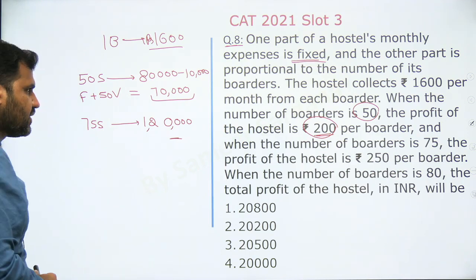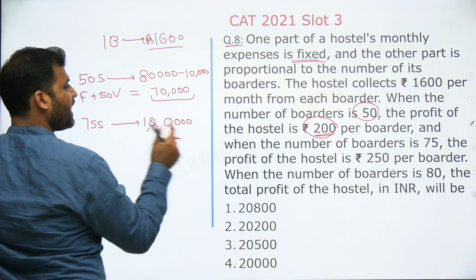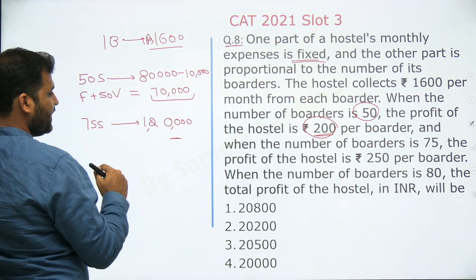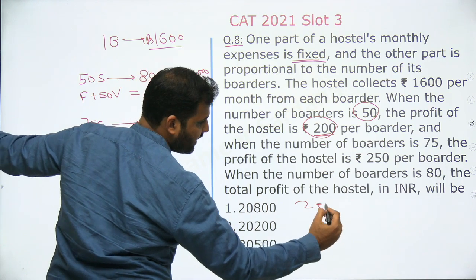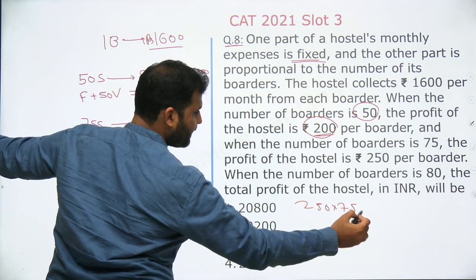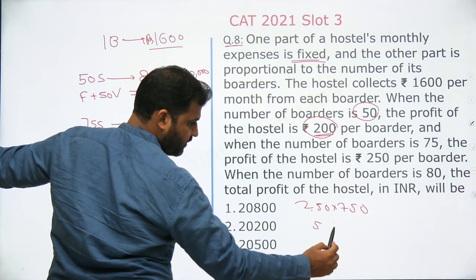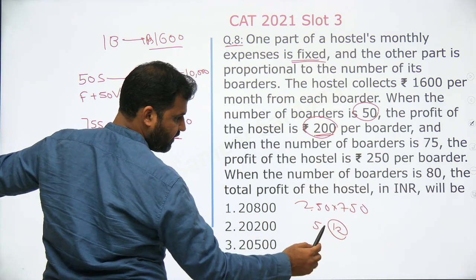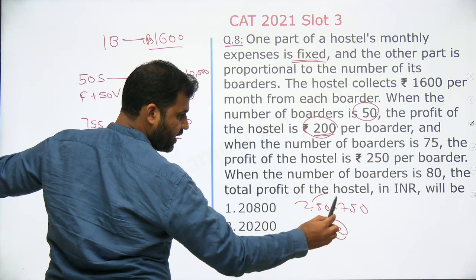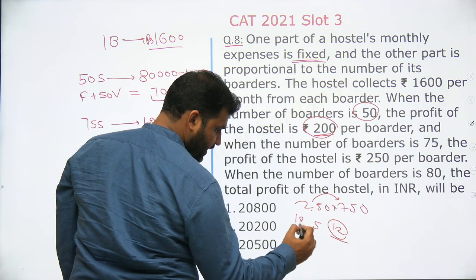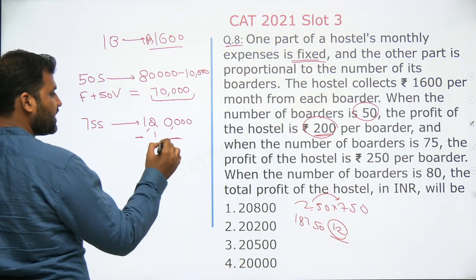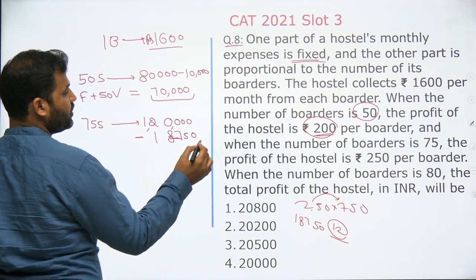Profit of the hostel is, so out of total revenue, if I subtract the profit value, I'll get the expense. So subtract the profit, 250 into 75, multiply it. 25 into 5, 125, 12 will be the carry forward. 25 into 7 is 175, 175 plus 12, 187, 18,750, right? 18,750 is your profit.